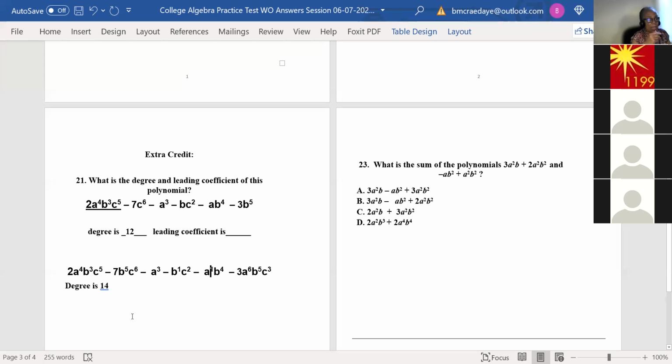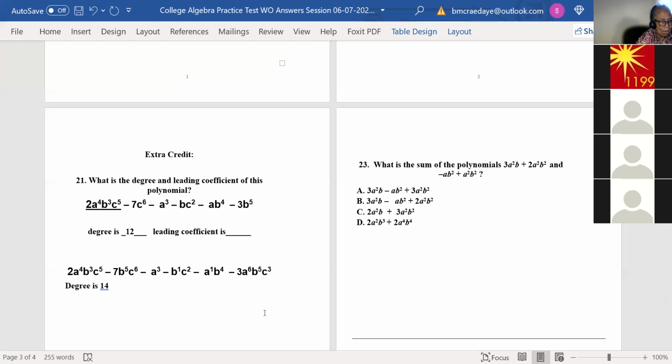Okay, take each expression, add up the powers, the one that gives you the highest total, that's the degree. And that's this one. So the degree of this polynomial is 14 because these variables add up to 14. You got it? Is that clear, Audrey?